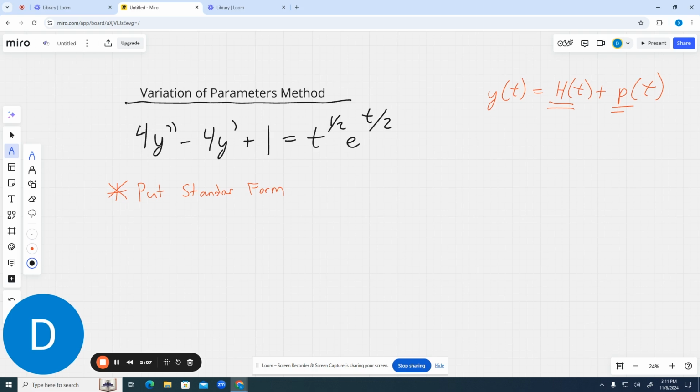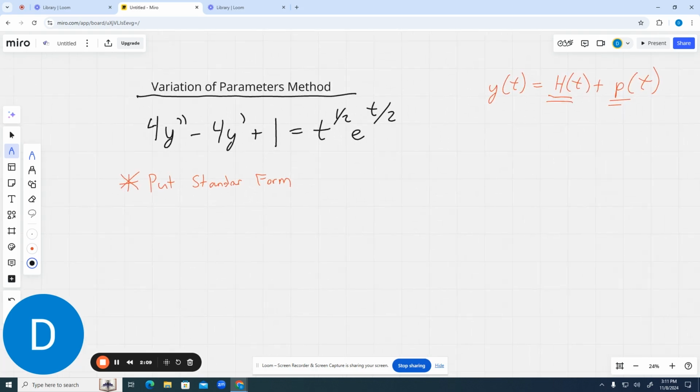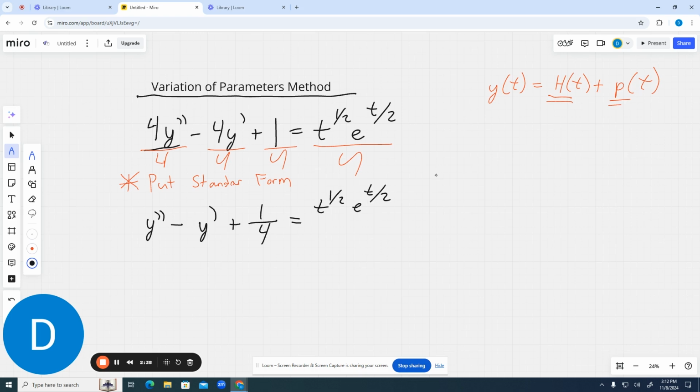You want to isolate that and just have that. So we can divide everything by 4. If we divide everything by 4 here, we end up with y double prime minus y prime plus 1/4 equals all of this on the other side divided by 4.